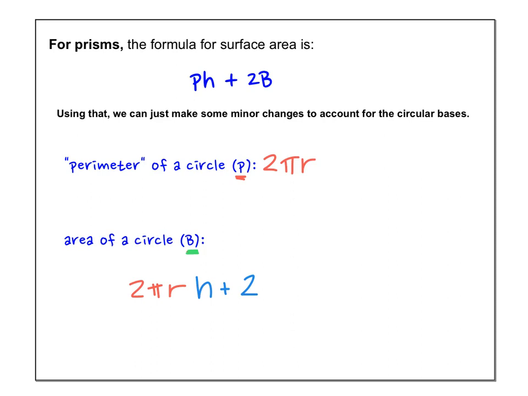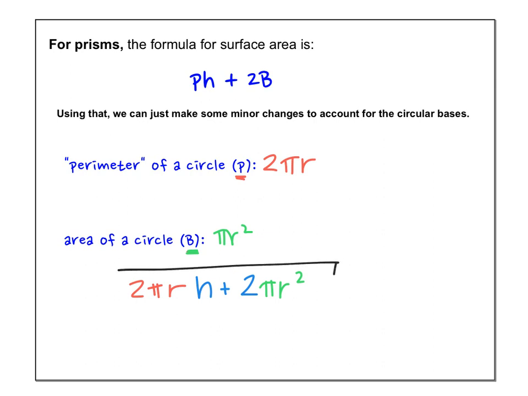Then I'm going to substitute in for capital B. Since I'm working with circles every time for a cylinder, the area of that base is going to come from the area of a circle, or pi r squared. So substituting in for capital B in my formula, I'm going to instead use pi r squared.